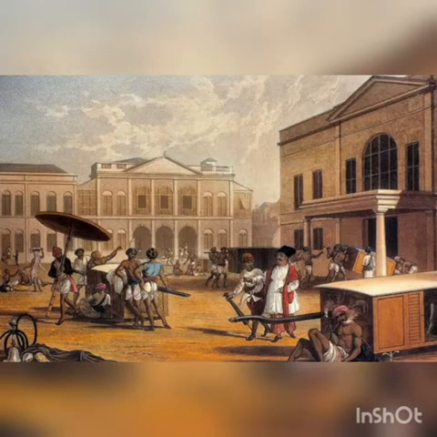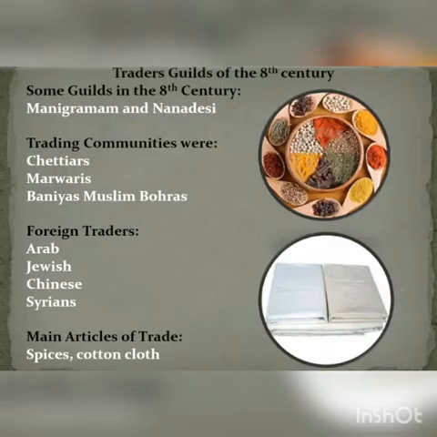That is why a large number of Arab, Persian, Jewish, and Syrian traders visited the towns on the west coast. These traders took these articles to the Red Sea port where the Indian traders bought them and eventually took them to the European markets and earned high profits.